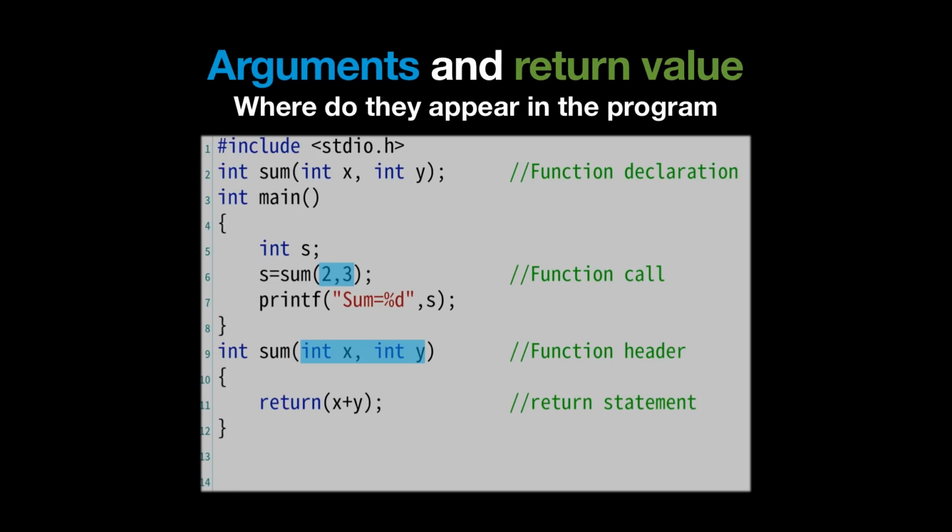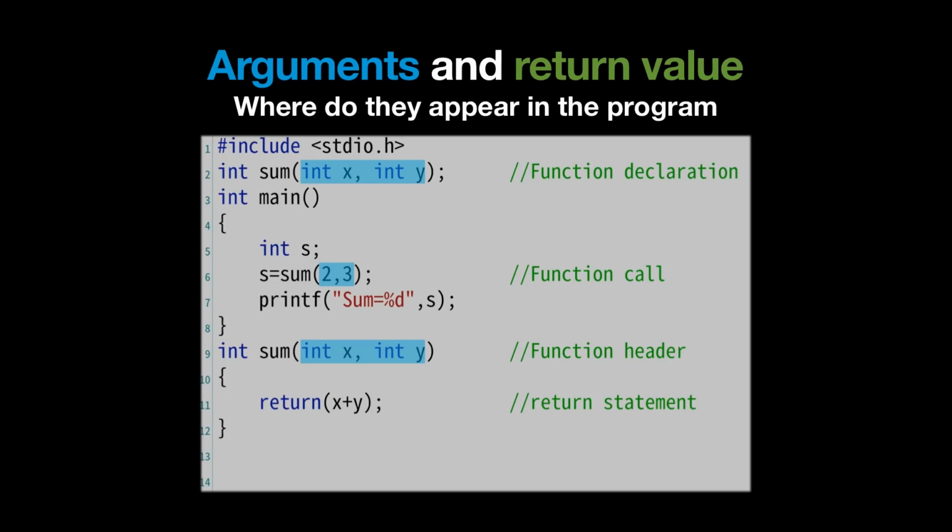Next, in the function header, you have formal arguments x and y. The function declaration also contains the formal arguments x and y, since it is a copy of the function header. This program is an example of the first type of functions, that is functions with arguments and with return value.